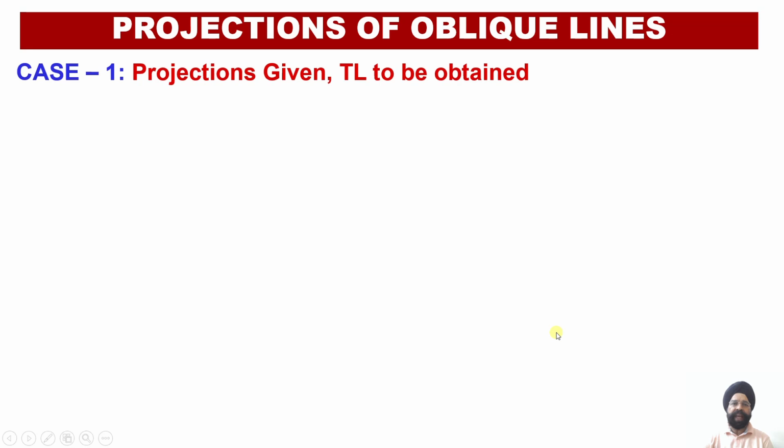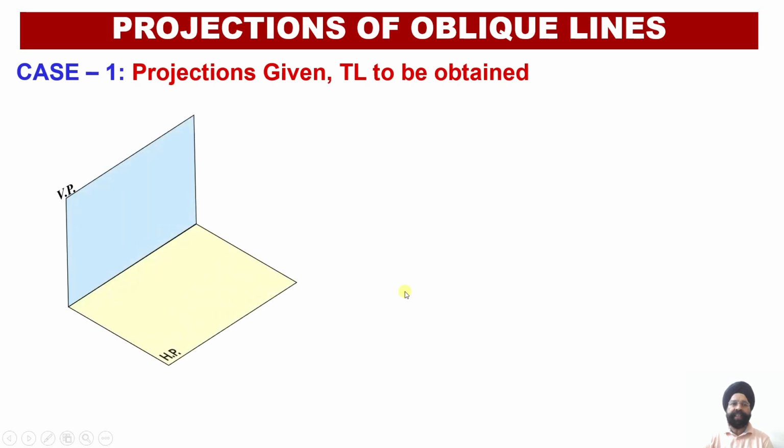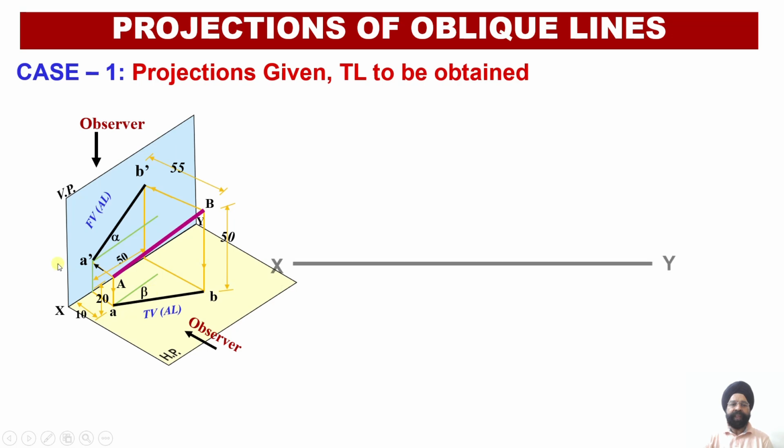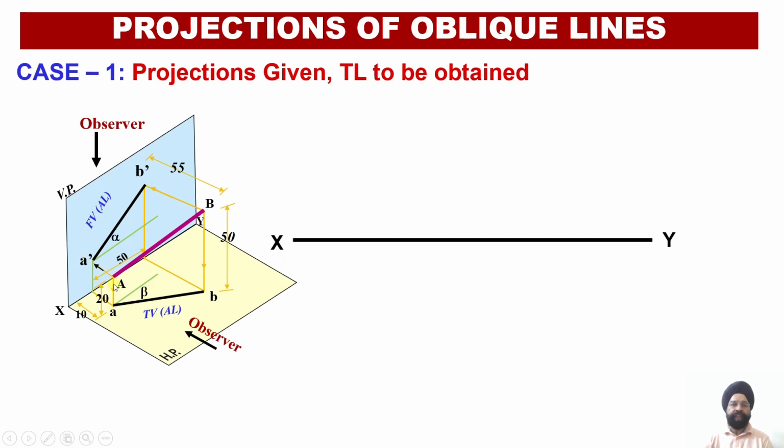Now a little bit of recap of whatever we have already discussed. The projections of the oblique line are drawn based upon the fact that this line is inclined to both HP and VP. Here you can see the spatial representation of an oblique line, where the distances of the ends A as well as B are different from HP and VP.